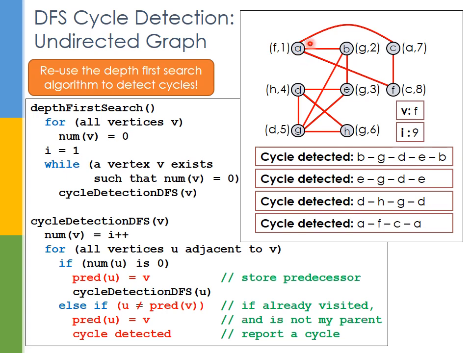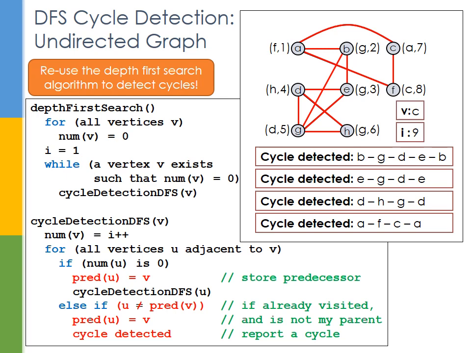So we start off with vertex A, the predecessor there is F, so we move to vertex F. The predecessor for vertex F is vertex C, so we move back to vertex C, and then the predecessor for vertex C is vertex A. That completes our cycle, and now we can report that cycle.